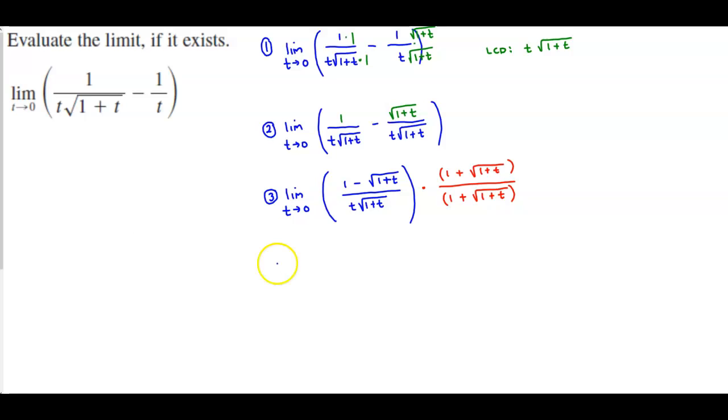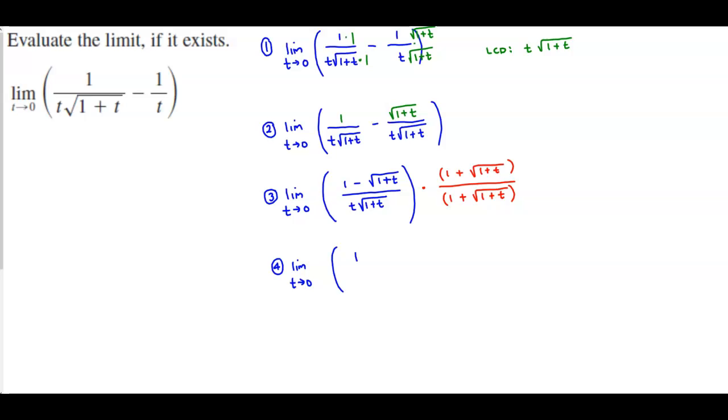So now in the numerator, when we multiply them together, we're going to get the difference of squares. So 1 times 1, that's 1 squared is 1.